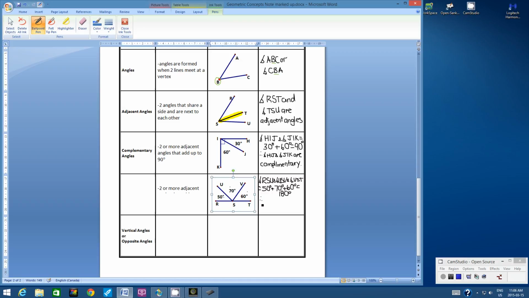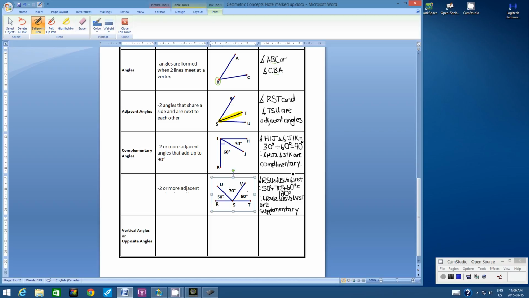Therefore, angle RSU and angle USV and angle VST are supplementary.